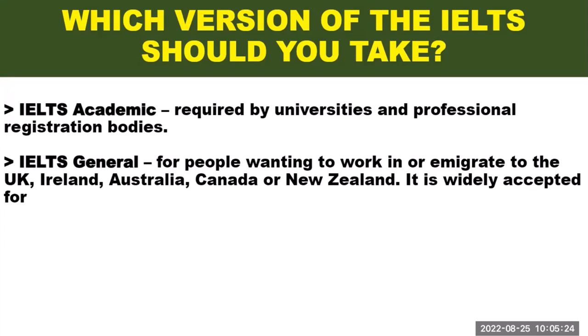If you are going to that country to live there and to work there, then you need the IELTS general test, because that test is for people wanting to work in or emigrate to UK, Ireland, Australia, Canada, or New Zealand, okay?